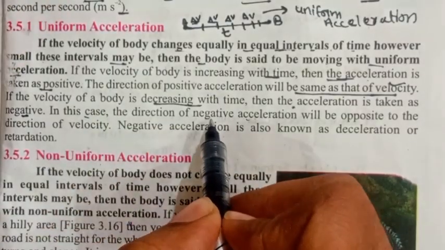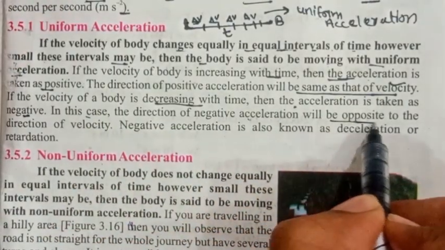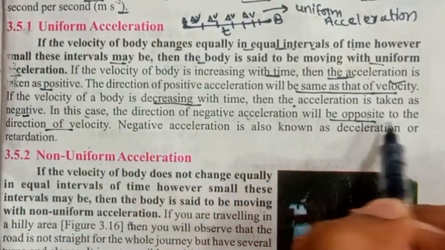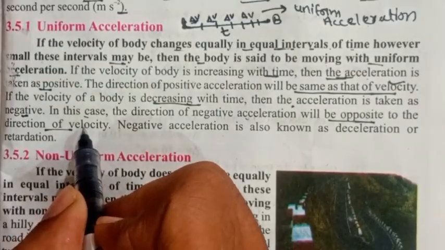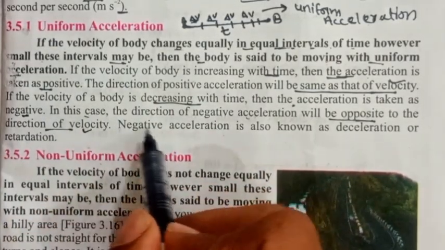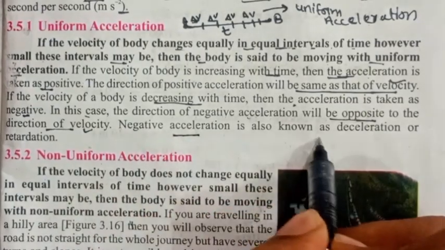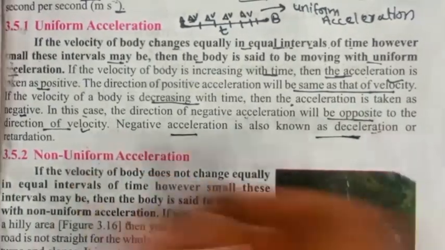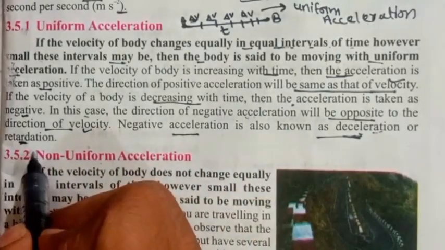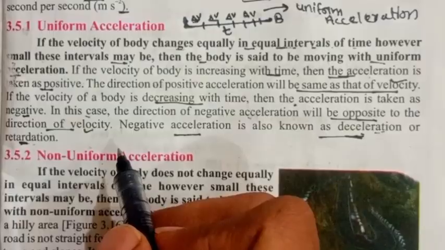In this case, the direction of negative acceleration will be opposite to the direction of velocity, because the velocity will be decreasing. Negative acceleration is also known as deceleration or retardation.